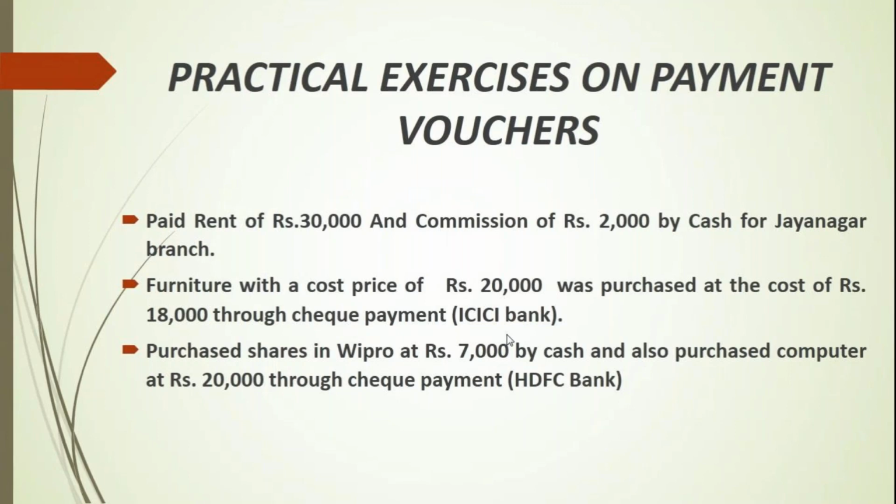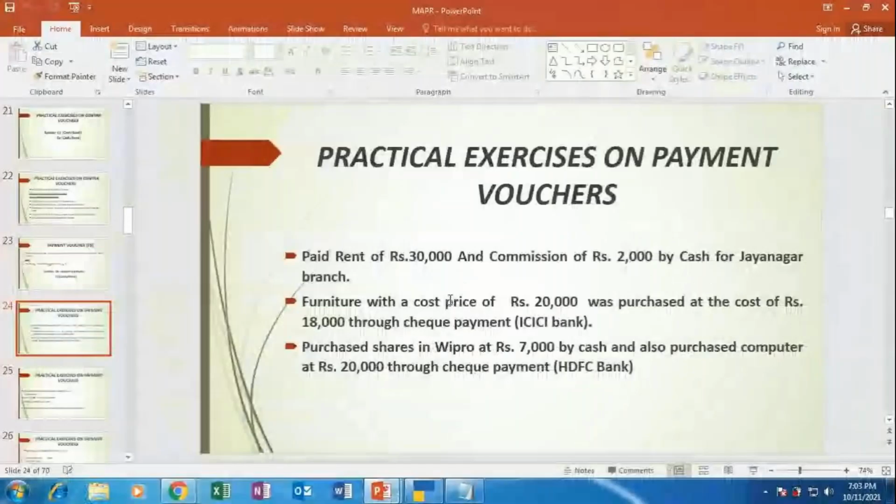And the remaining 18,000 for the furniture has been paid by ICICI Bank check. Okay, so how to go about this entry? 18,000 for the purchase of furniture has been made through ICICI Bank check and 2,000 discount was received. So aggregating 20,000 as the value of furniture. Now this I just break up in these notes.